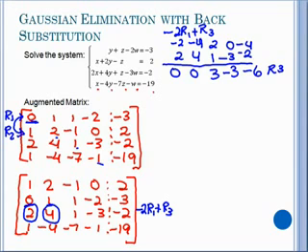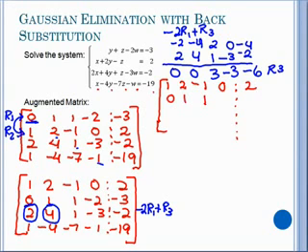So what does your matrix look like now? First 2 rows are going to be the same. And then we get to replace that third row with the one that we just modified.